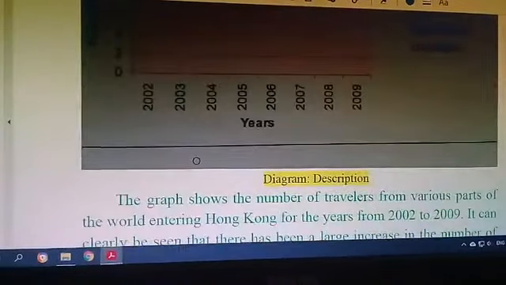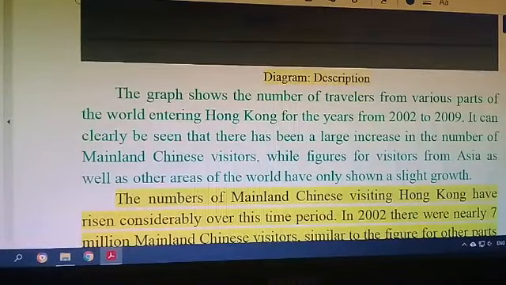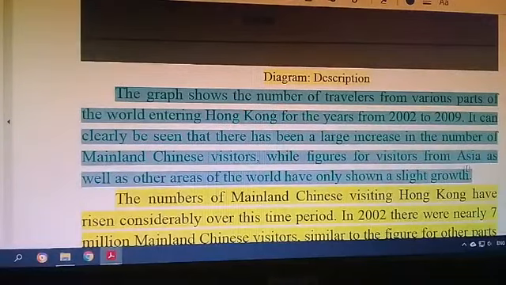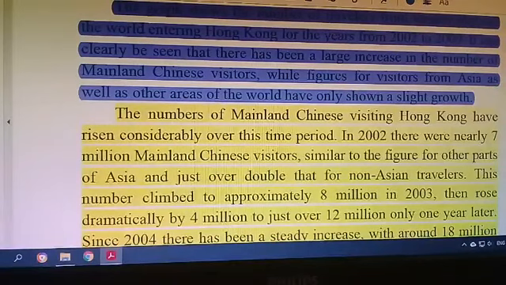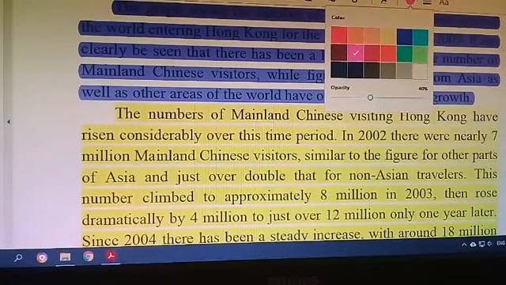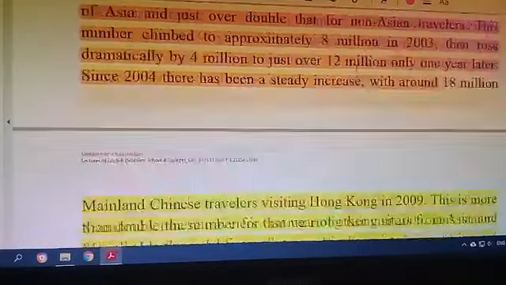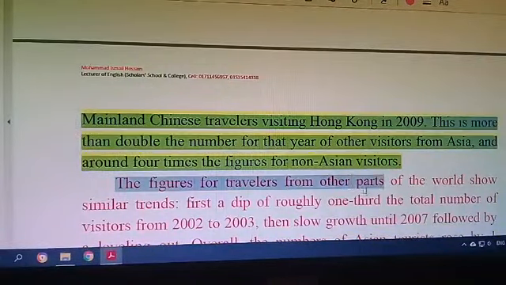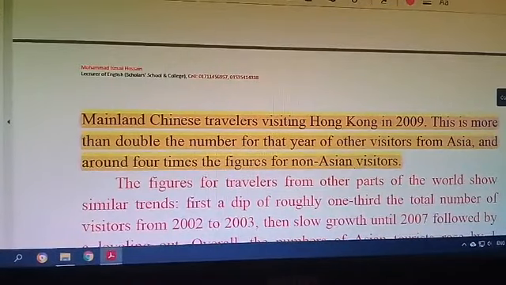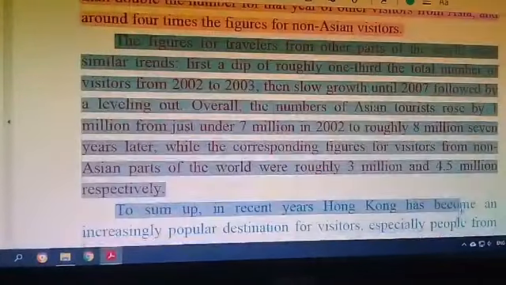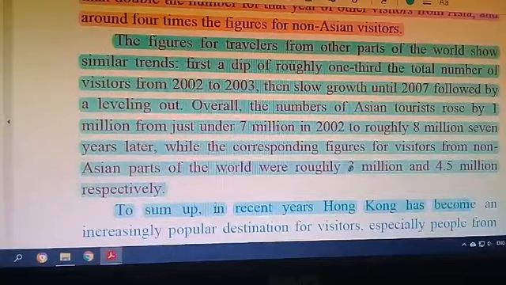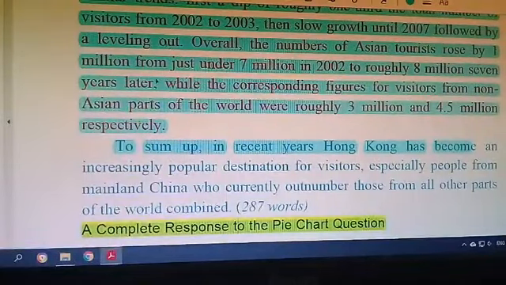And here, how will you present this diagram? This one, you can see this one para, and this is another para, from this to this, and the next one you can see here, this one, and the last one this.